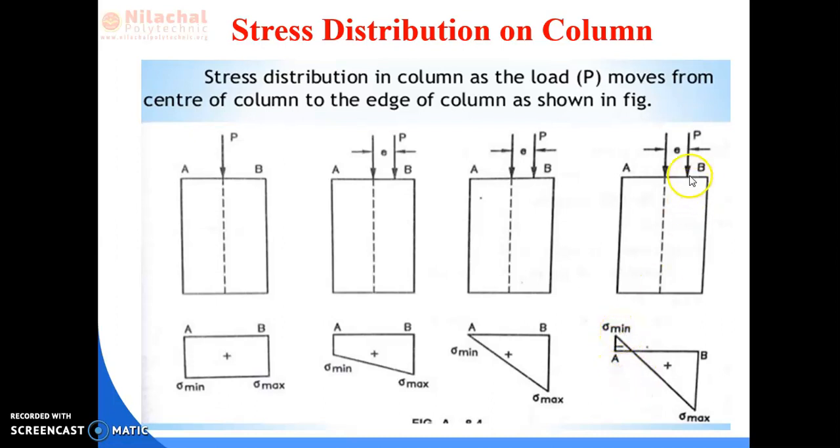So if the eccentric load effect is less than the applied load, the value of the normal stress and the bending stress will cause the minimum stress to act in the opposite sense, and the maximum will be as it is, more.